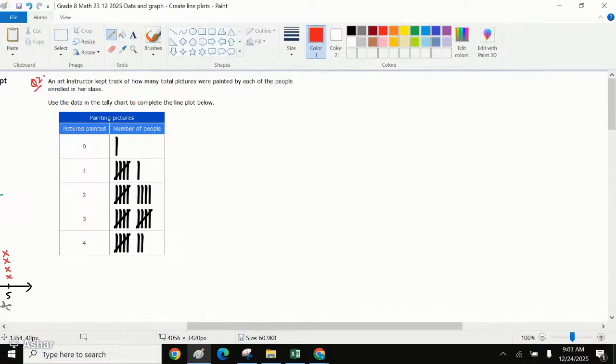Question number 2. An art instructor kept track of how many total pictures were painted by each of the people enrolled in a class, right? So the instructor is keeping track of the pictures. So 0 pictures were painted by how many?